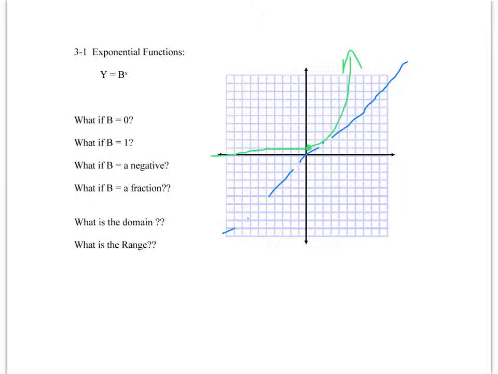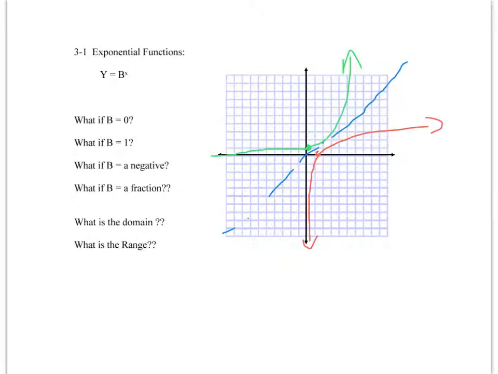It has an x-intercept of 1, 0. Just like the exponential function that shoots up very quickly, the logarithmic function is going to shoot to the right. Just like the exponential function hugs the x-axis on the negative side, the logarithmic function is going to hug the y-axis on the negative y-axis. Okay?